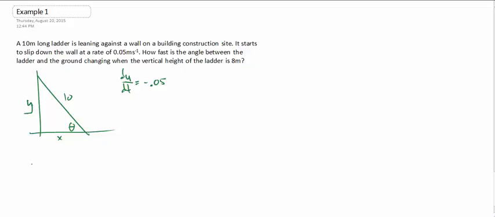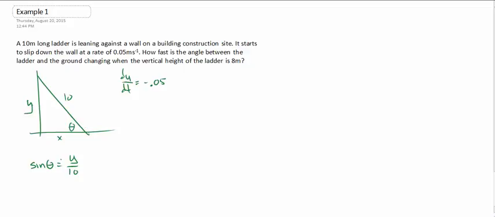So what's the relationship between the things that we know? Well, we know opposite over hypotenuse, we know that sine theta is y over 10. And you might be saying, well, why not cosine, why not tangent? Because this x, we don't know anything about the x. We know nothing about that side. So I'm going to try and write a relationship between something that I know about, dy/dt, and the thing that I'm looking for, d theta/dt.